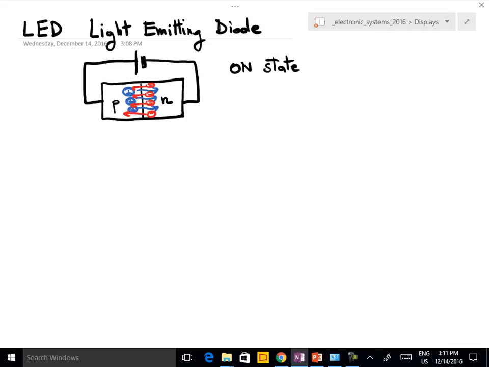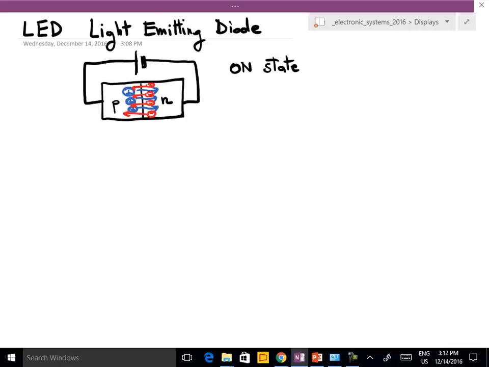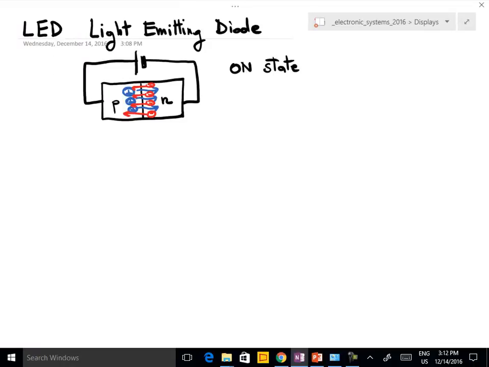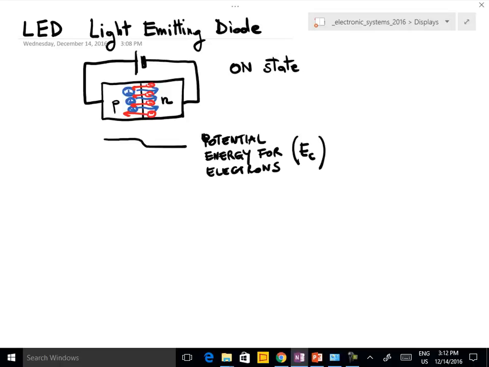One can typically plot two different lines. One is the energy, the potential energy for electrons from the p region to the n region, which sometimes is called the conduction band.